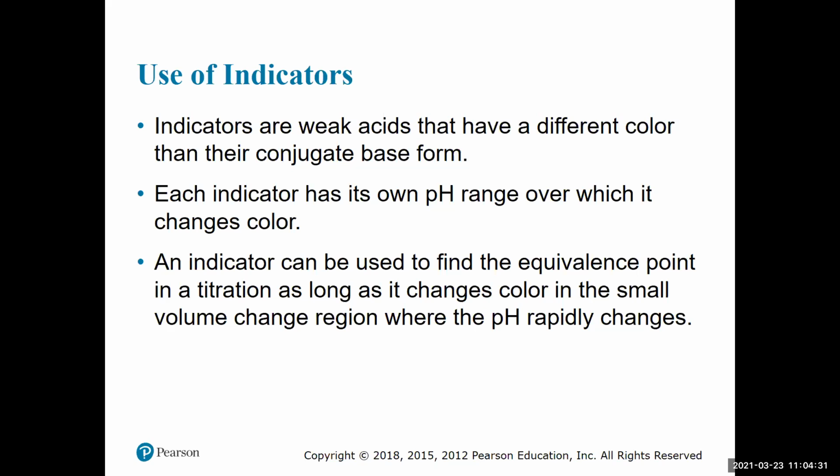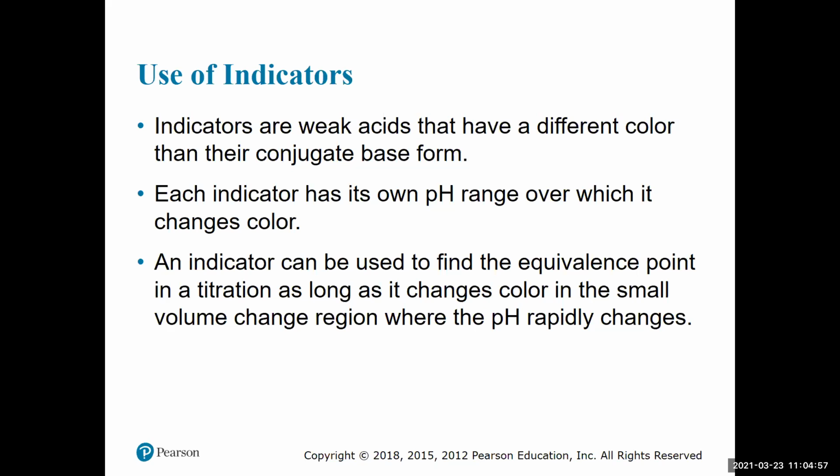So if you are looking for an equivalence point in that range, then you can use that color change to tell you when you get to the equivalence point. But you got to pick the right indicator. If it's changing colors in an area that isn't the equivalence point of your titration, then it doesn't really do you much good.